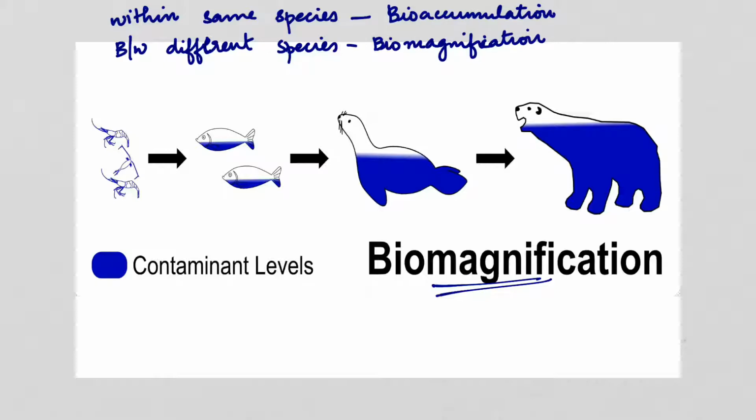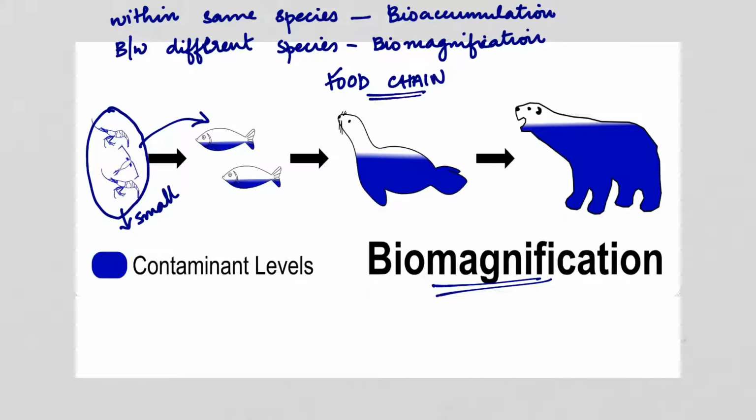Here we will see, and then we will go back to bioaccumulation to make it further clear. See here, some small species have some small amount of contaminant, this blue color. Now these are eaten up by the fishes. So this is an example of a food chain. These small species are eaten up by small fishes, then they are eaten up by the next level, then the next level.